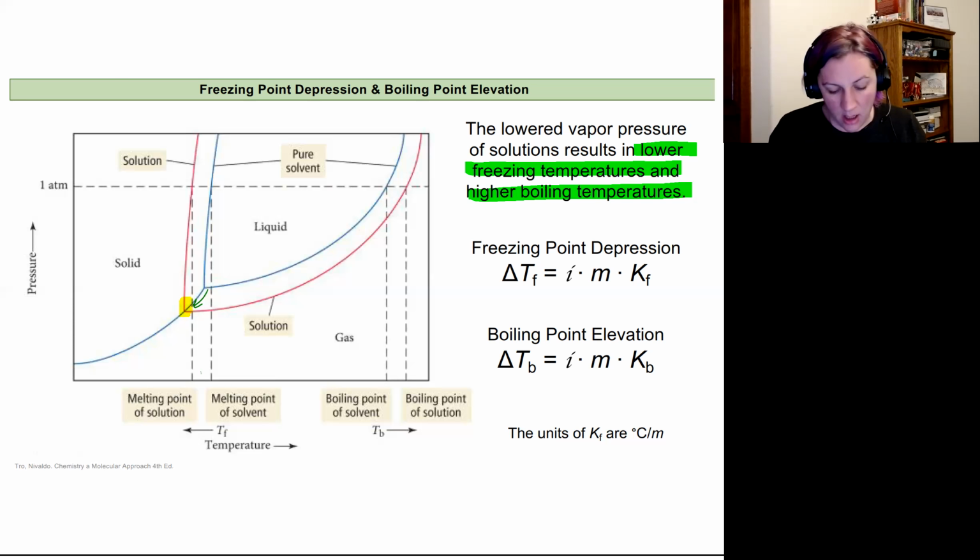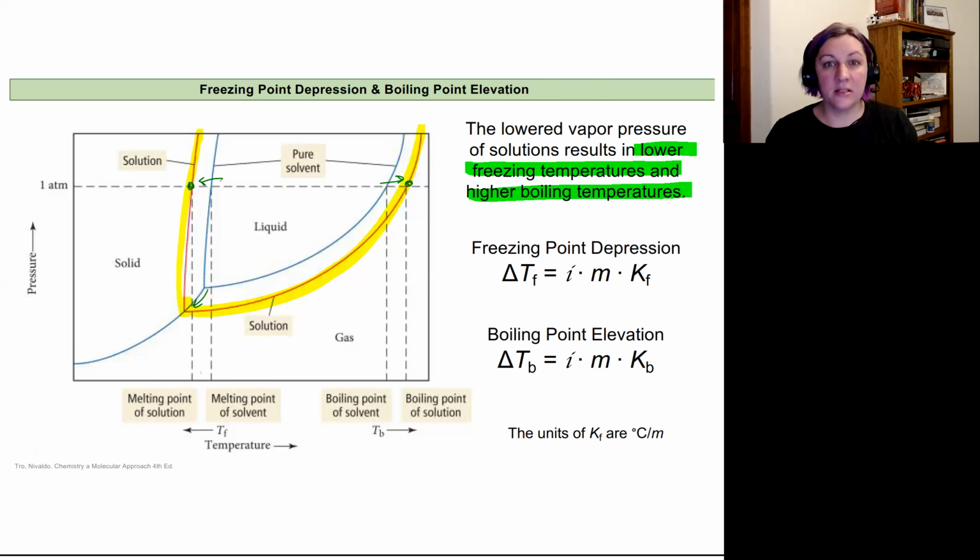And we see our boiling curve, our evaporation curve come down with that, as well as our freezing point. And so the effect of that curve shifting down is that we see our boiling point here has shifted to here. It's actually increased in temperature at the same pressure. And at the same pressure, we see our freezing point decrease down here.